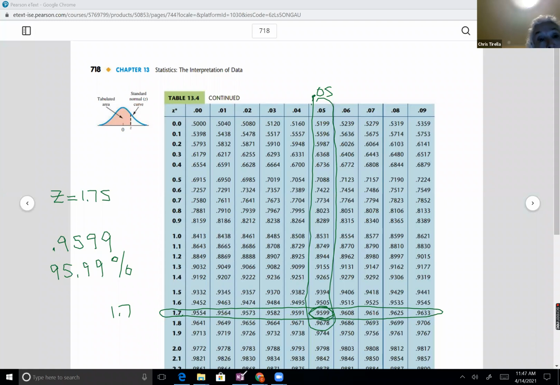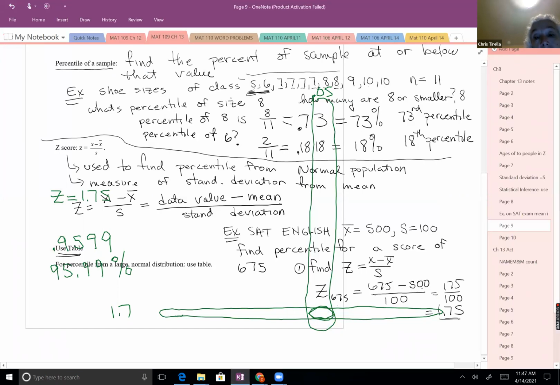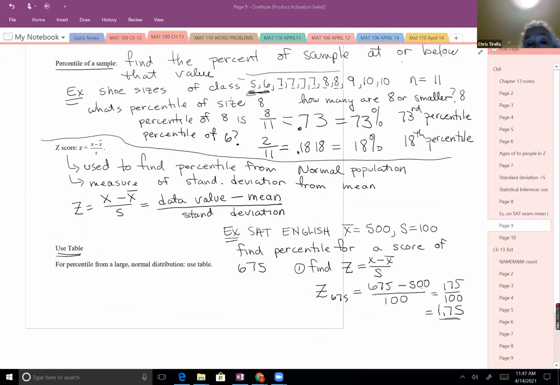And so from the table, we get 95.99 percentile.